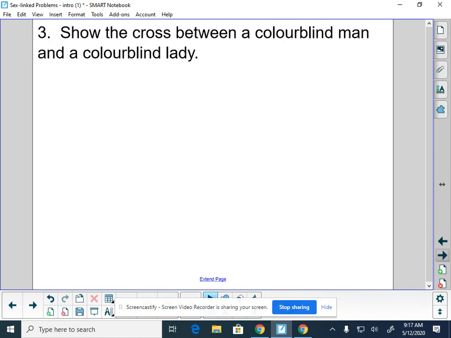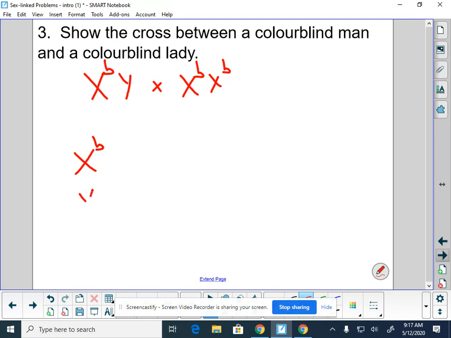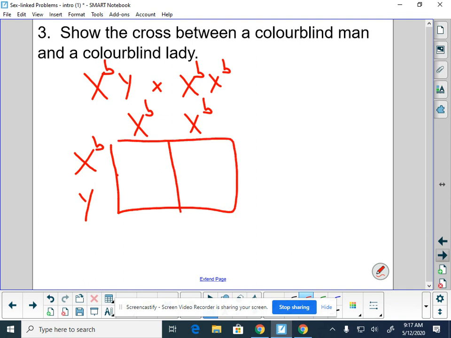Question number 3. Cross between a colorblind man and a colorblind lady. So everybody's colorblind here. Hopefully you can start sort of predicting what you're going to see already here. Everybody's going to be colorblind because both parents were colorblind.